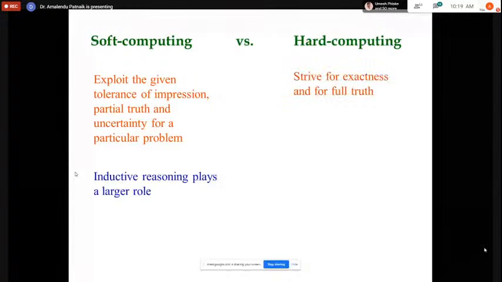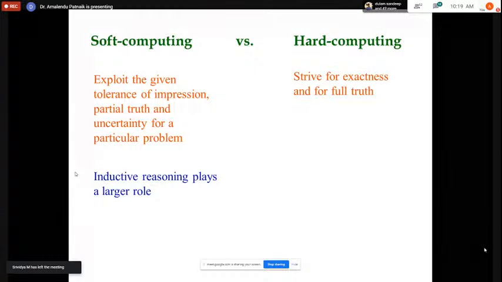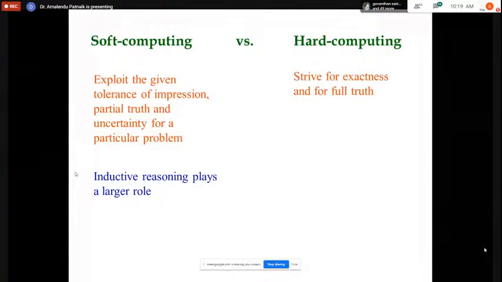Inductive reasoning plays a larger role here. Inductive reasoning means that by observing the outcomes of previous problems, you can expect the outcome of the present problem, right?